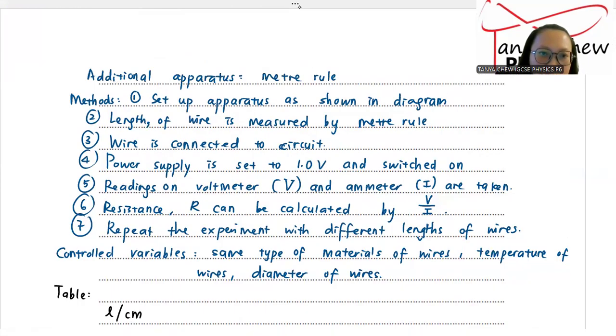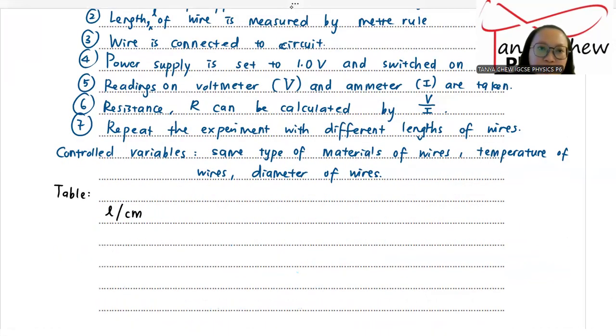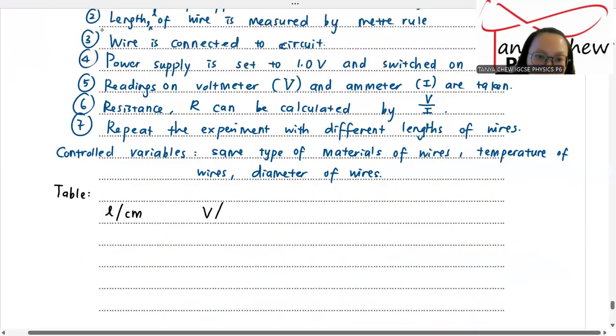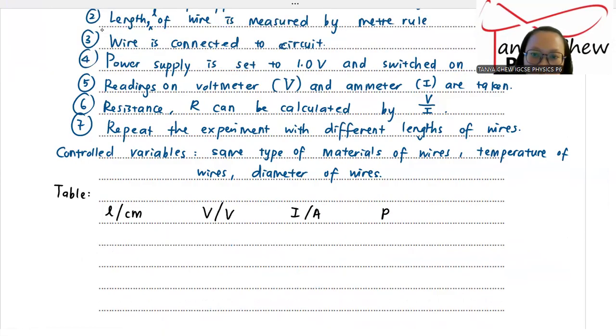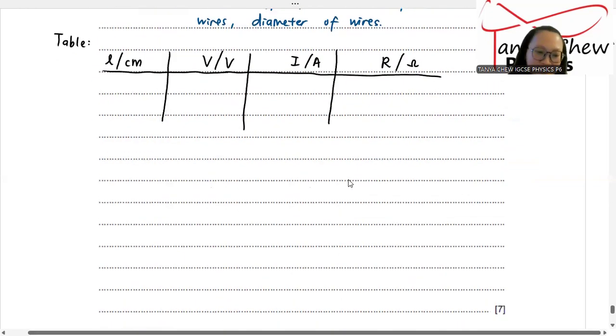So put a comma, L, okay? Put a symbol there, right? So that you can use it in your table tabulation. And then V, voltmeter reading, slash the unit, I slash the unit ampere, and R slash the unit ohm. So this is your table. Make sure that you draw a nicer line, right? Not freehand like me, right?